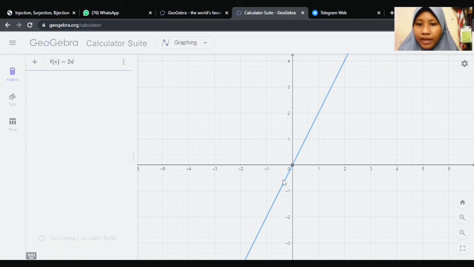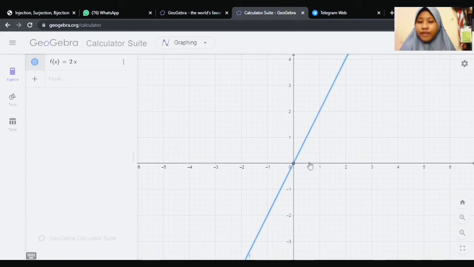From the graph, we can see the function is one-to-one, but whether it is onto N or not, we can prove by the definition.